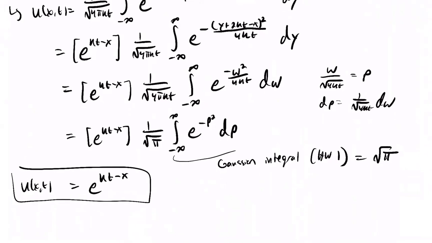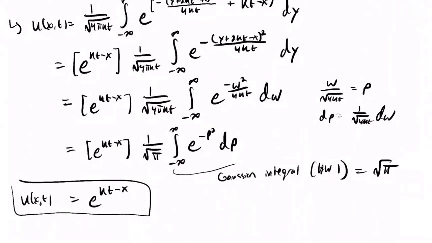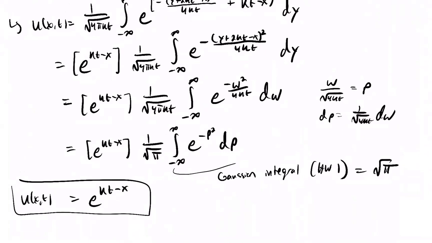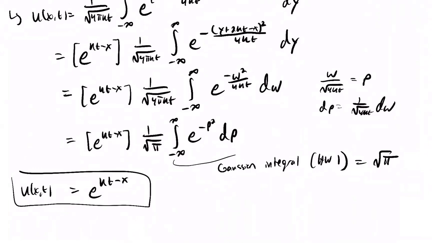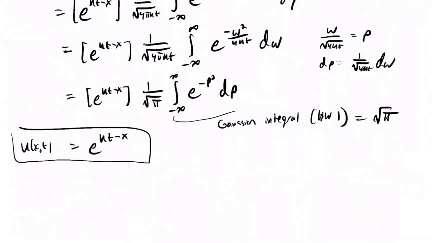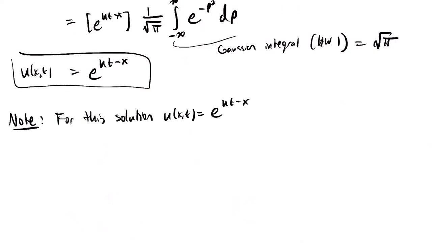Okay. And so I just want to comment a little bit further on this solution, and then we'll move on to the next section. Right, so the main point is, let's look at this particular solution, e to the kt minus x.